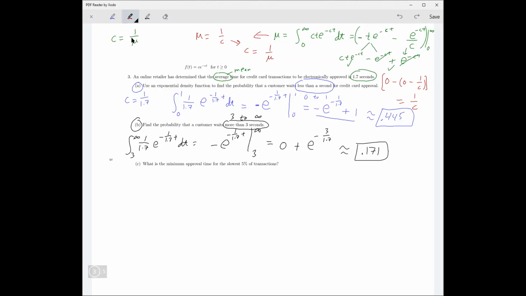And then finally, the third part, what's the minimum approval time for the slowest 5% of transactions? So the minimum approval for the slowest 5% of transactions.